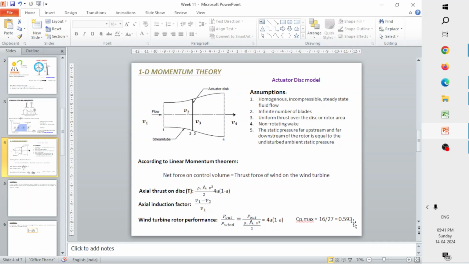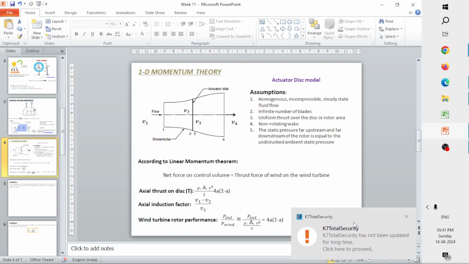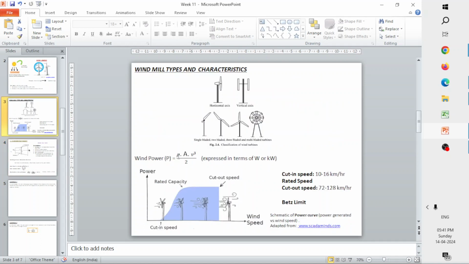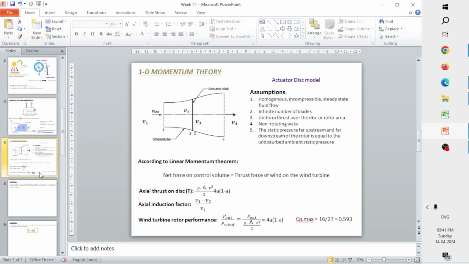The maximum theoretical amount of power that can be generated is 59% of the total power or the available power in your wind. So available power in your wind can be expressed as here, rho A times V cube by 2, and last class we also derived how to calculate the power available in the wind from the kinetic energy of the air molecules or of the wind.